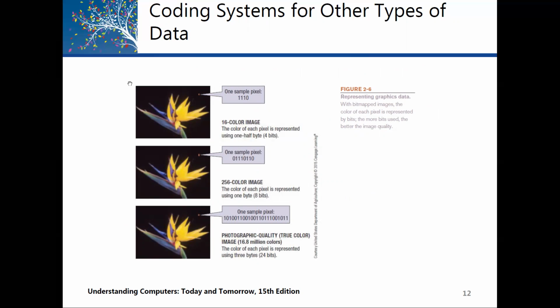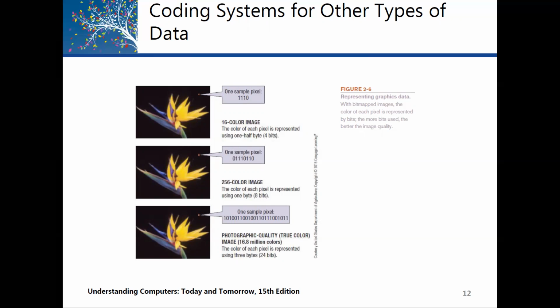Two-dimensional means there are multiple rows, multiple columns, right? So two-dimensional images are represented in the form of a grid. Grid means a collection of rows and columns, and every row and every column represents a small element of that picture.